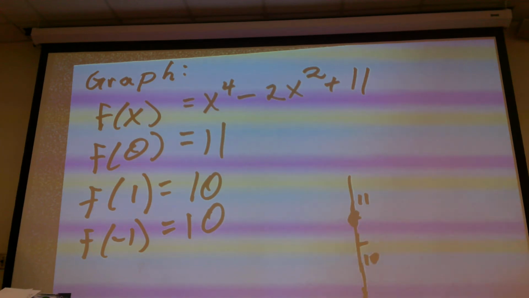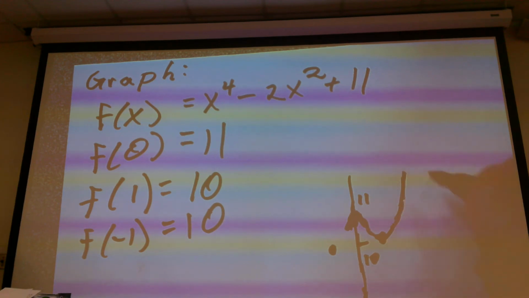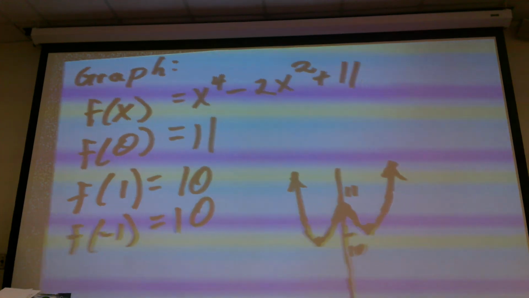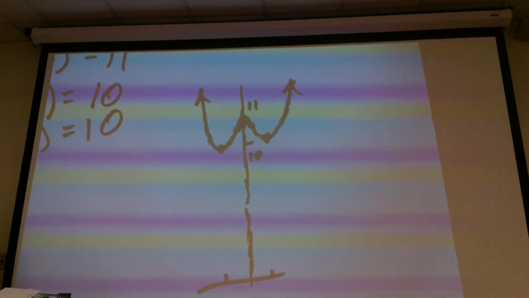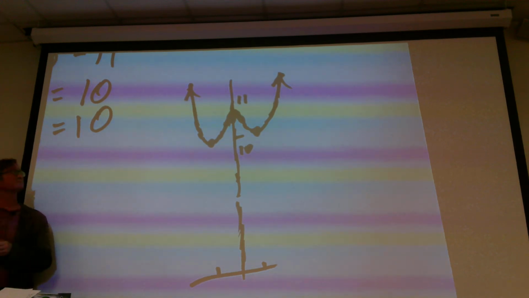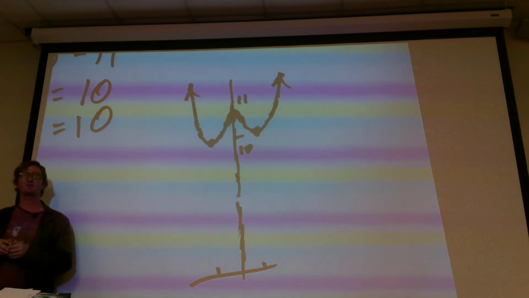So there'd be a max right there, and then a min right there, and then a min right there. And so that would be the graph of our function.